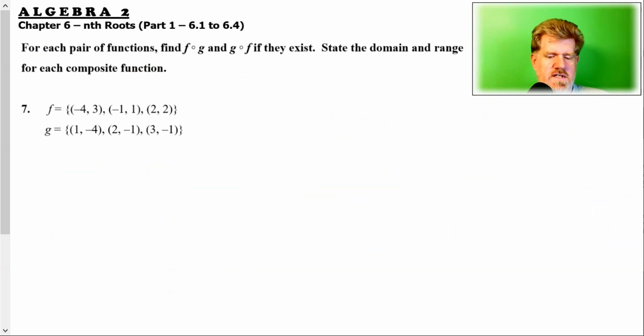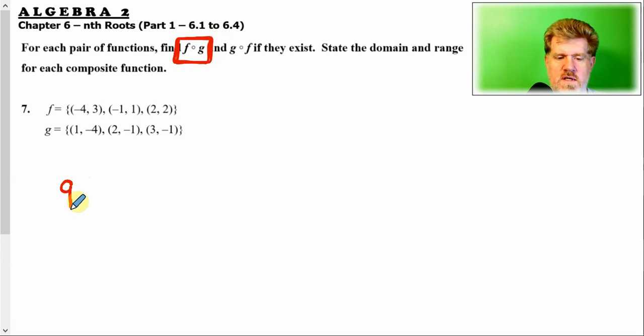Now, a problem like this looks a little crazy, but it's really not. Remember, a function is if you put in a number, you get out another number. If I put in negative 4, I get out 3. So let's find f of g, see if it exists. I'm going to work inside. I'm going to start with g. Now, I only have 3 points for g.